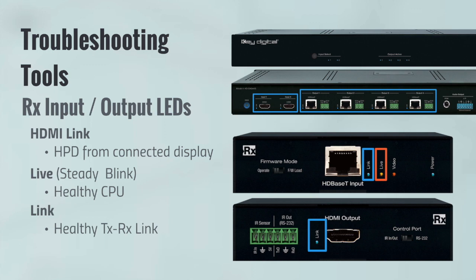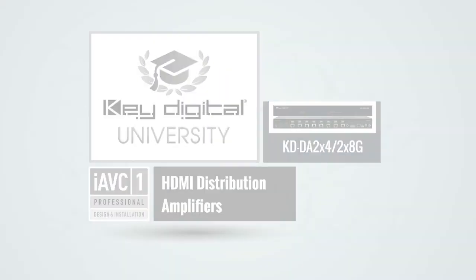The HD-Base-T link light illuminates solid with a healthy link from the main unit to the receive unit over HD-Base-T, and the red video light activates solid when there is an active AV signal passing through the system from the main unit to the RX unit.